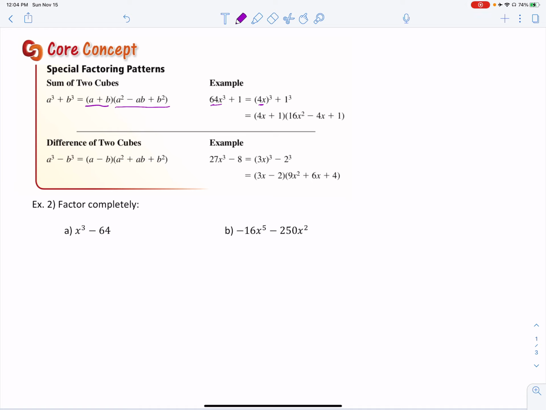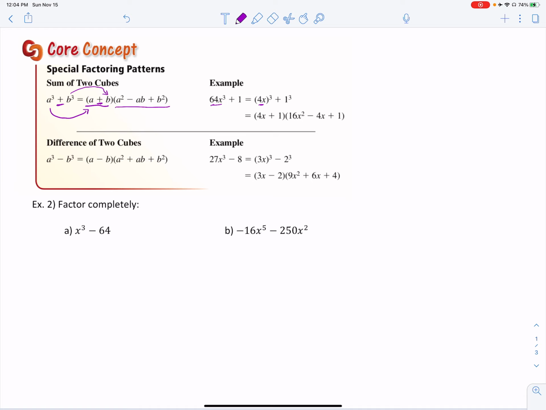And so basically you're taking the cubed root of the first term, that goes first in the binomial, taking the cubed root of the second term, that goes second. And whatever sign is between those perfect cubes is the sign that goes in the binomial. So it's a pattern to memorize.